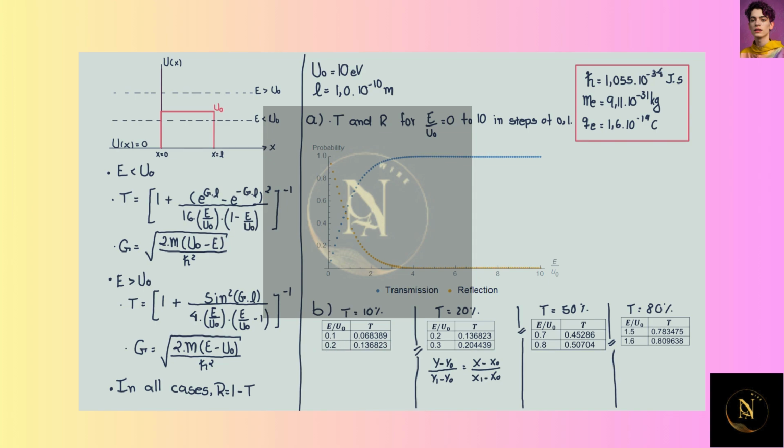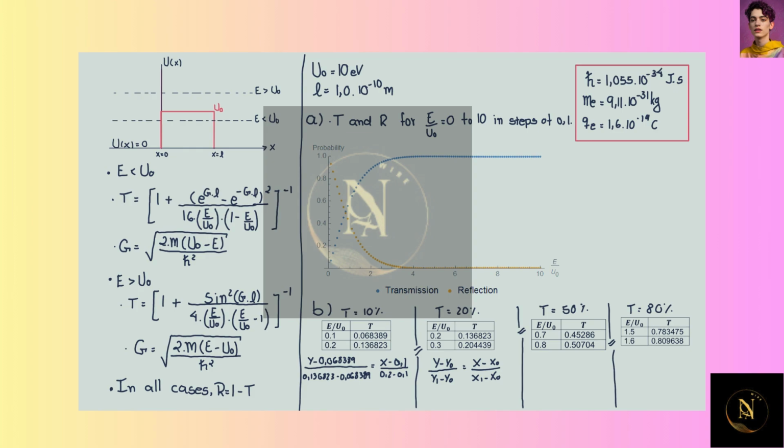Then it will be as follows. y minus y0, which is 0.068389, divided by y1 minus y0, which is 0.136823 minus 0.068389, is equal to x minus x0, which is 0.1, divided by x1, 0.2, minus x0, which is 0.1.